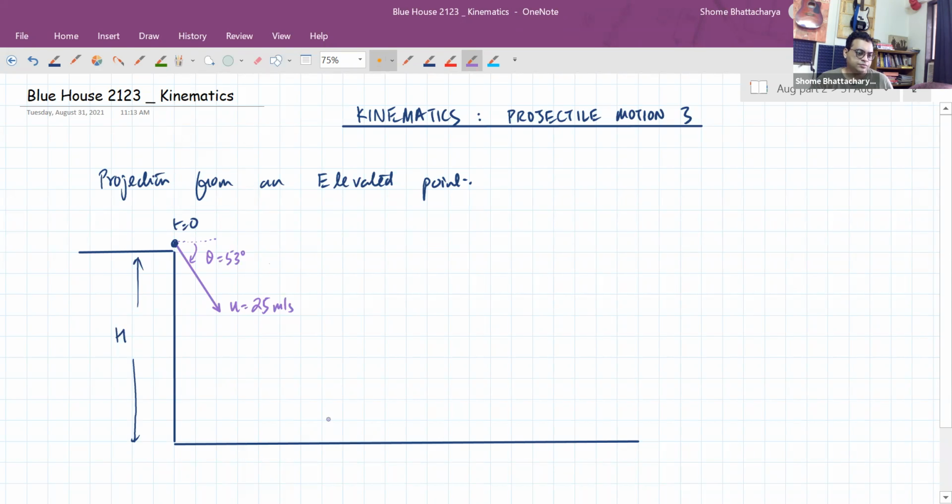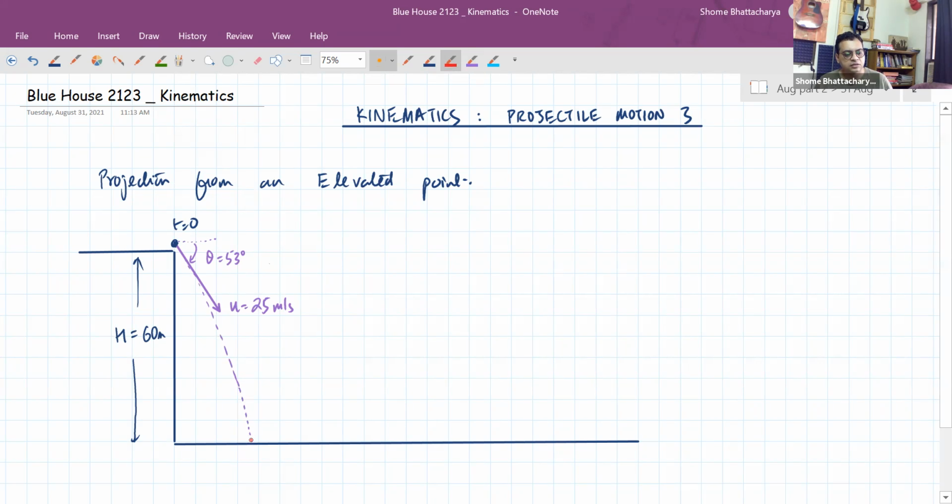And this height, let us say, is 60 meters. So it will go in this kind of path, curve slightly like this, okay.